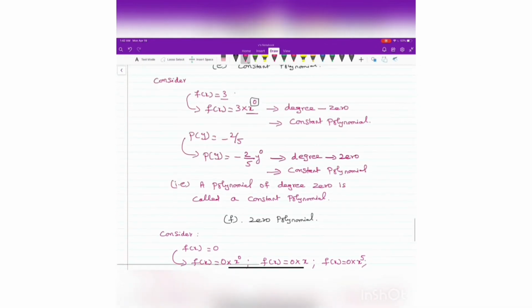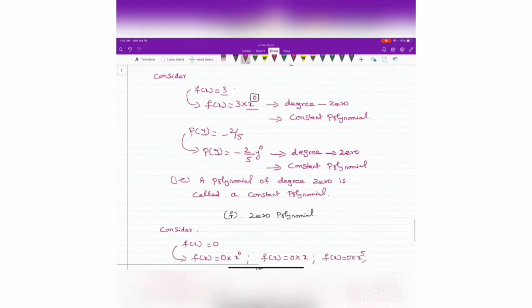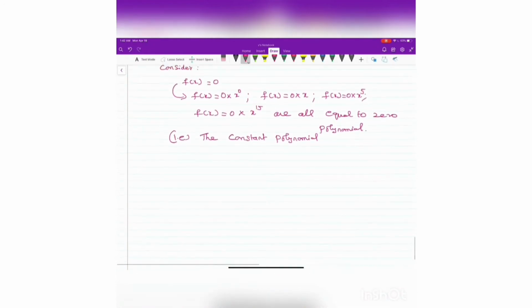The constant polynomial will be of the form f of x is equal to some real number. If that number is 0, then it will be a zero polynomial. So, the constant polynomial 0 or f of x equal to 0 is called a zero polynomial.